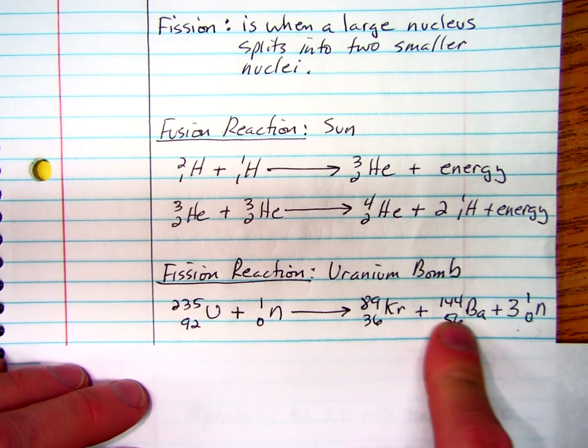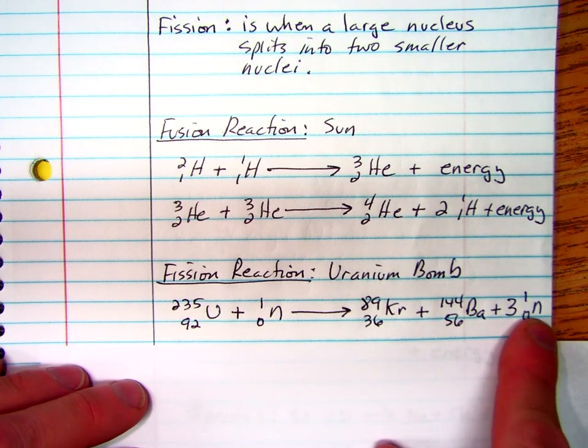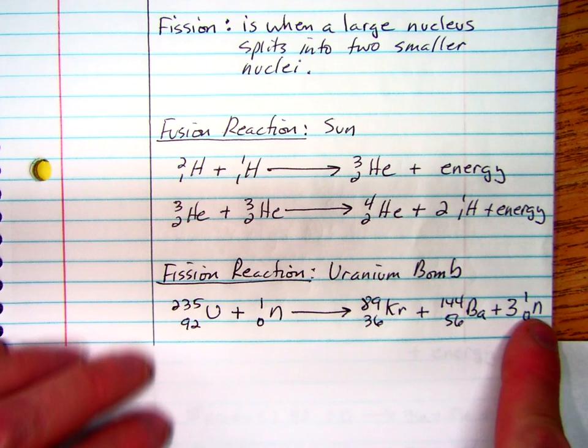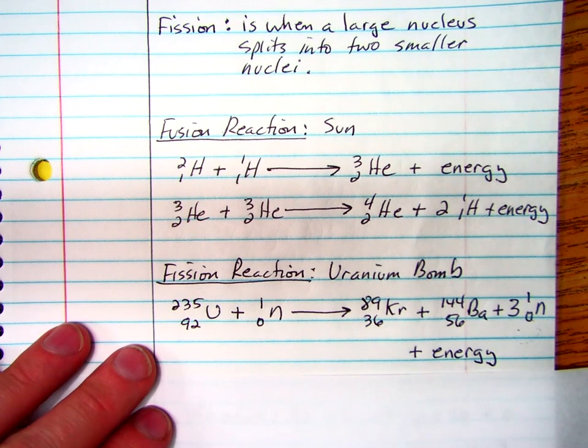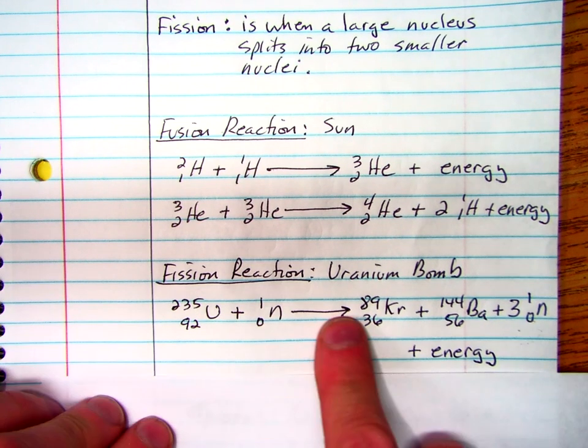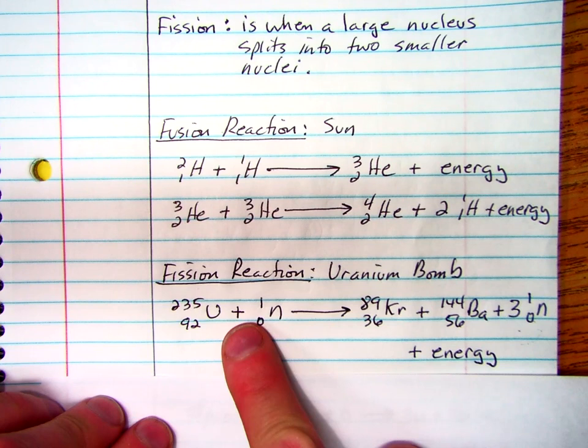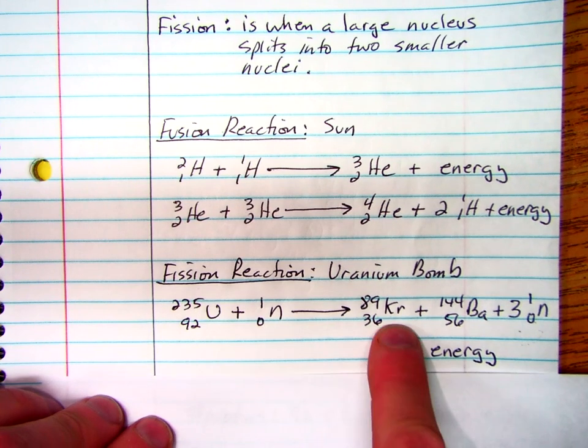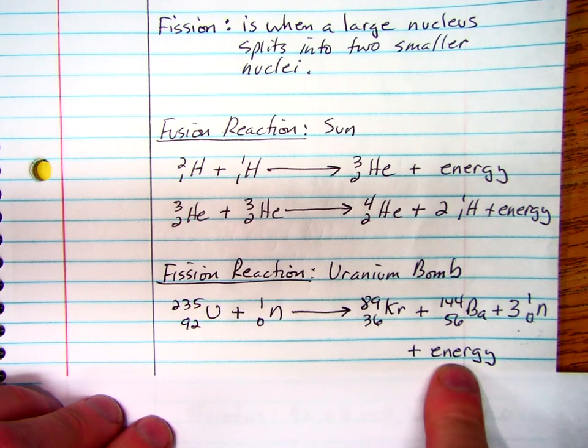And it produces 3 extra neutrons, which, by the way, hit 3 more uranium-235 nuclei, causing a chain reaction. In addition, energy is liberated. The reactants weigh more than the products. Mass has been lost, and the lost mass is equal to the energy gained through E equals mc squared.